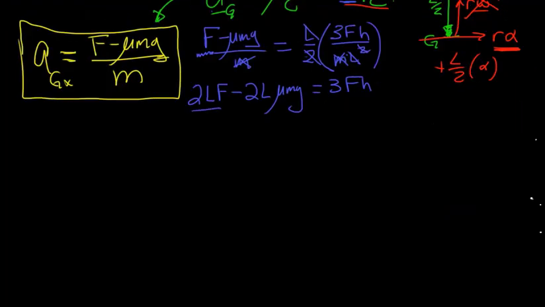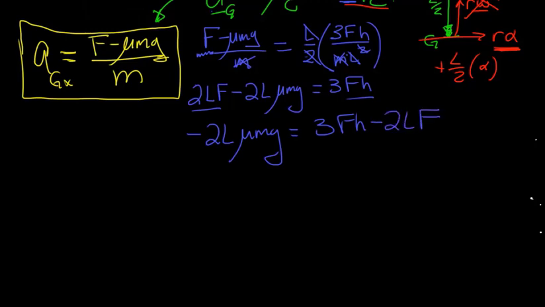Grouping the force values together, we'll end up with negative 2L mu mg is 3FH minus 2LF.